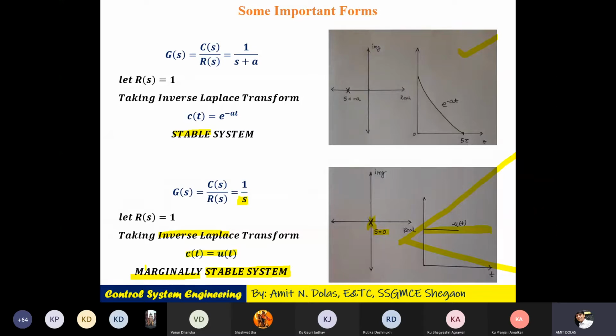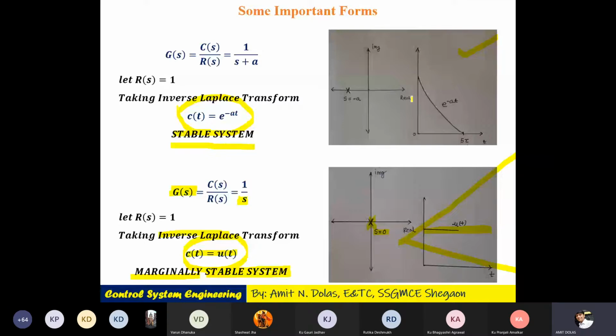So what is marginally stable? If the impulse response of the system is absolutely integrable, then it is a stable system.